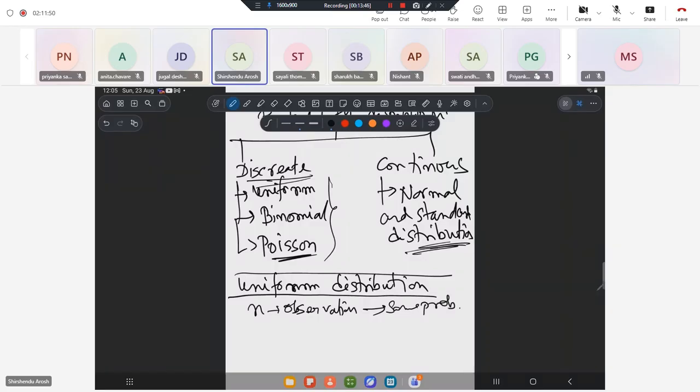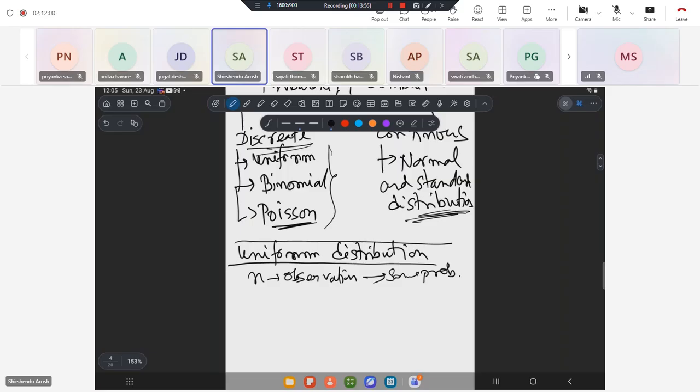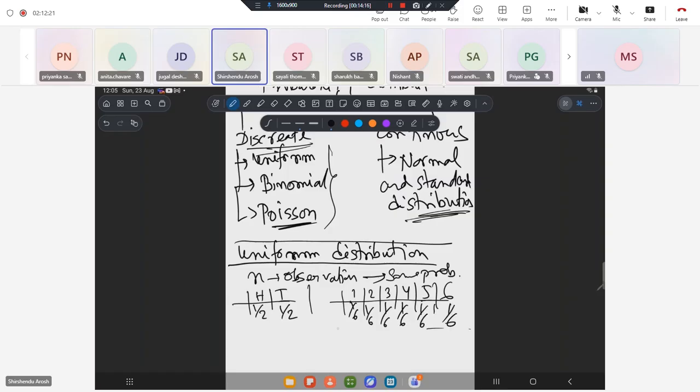If that is the scenario, you can call that distribution a uniform distribution. If I toss an unbiased coin, obviously I'll get either head or tail, both with the same probability: uniform distribution. If I throw a dice, I'll get 1, 2, 3, 4, 5, 6 with equal probability, that is 1 by 6 each. That is also a uniform distribution. So this is the simplest distribution.